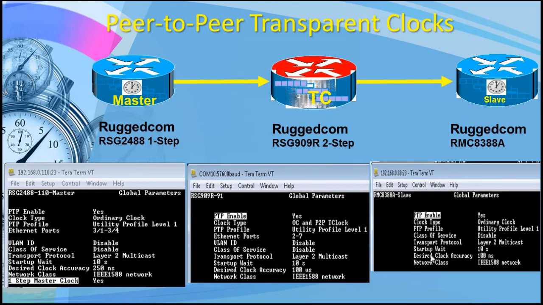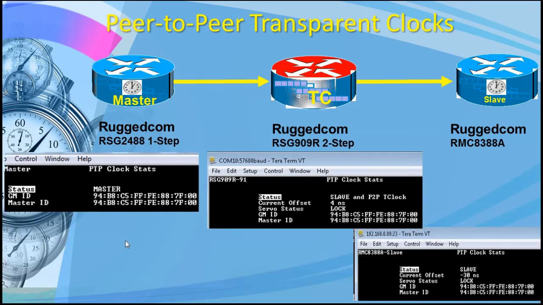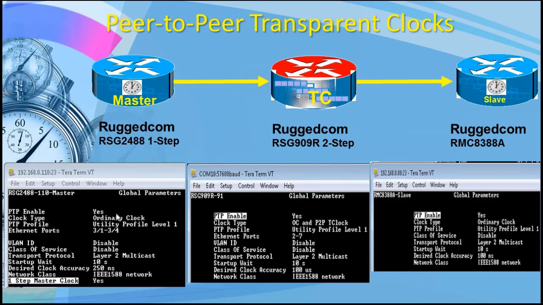So here is the configuration. Ordinary clock is configured on the master and the slave, and two-step peer-to-peer transparent clock is configured on the middle device, the RSG909R.